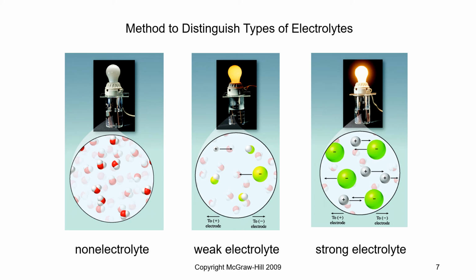And you'll notice the non-electrolyte, there's no conductivity in that solution that will light that light bulb. When you have a weak electrolyte, partial ionization, you get a dim amount of light from that bulb. And when you have a strong electrolyte, 100% dissociation or ionization, then you get quite a bright response from that light bulb.